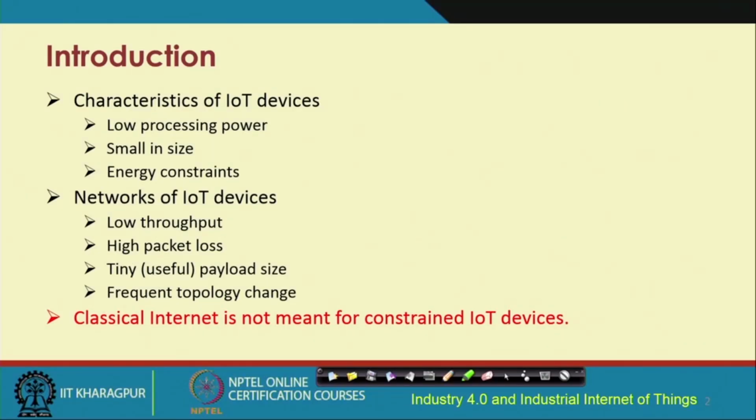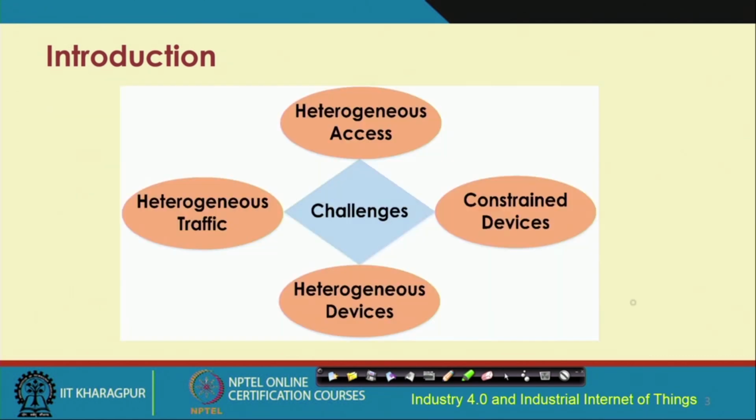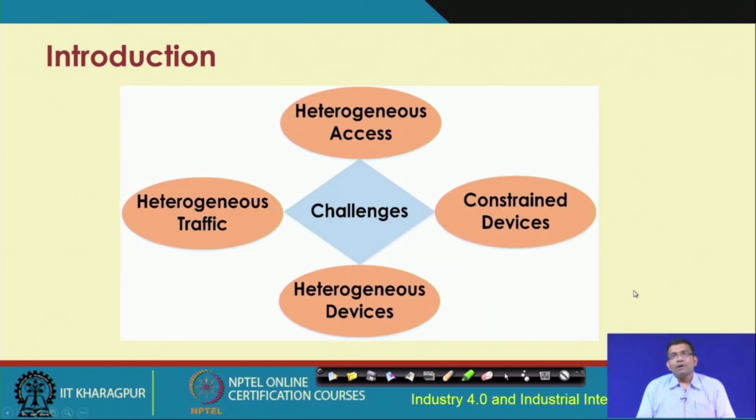The classical internet that we all use, which is based on TCP/IP, is not meant for these constrained IoT devices. So, from a holistic viewpoint, the challenges can be classified into different types. We have challenges with respect to access, there is heterogeneous access, heterogeneous traffic flowing through these networks, there is heterogeneity in the devices, in the vendors, in the specifications, in the standards, in the protocols that are used by these devices working in these networks.